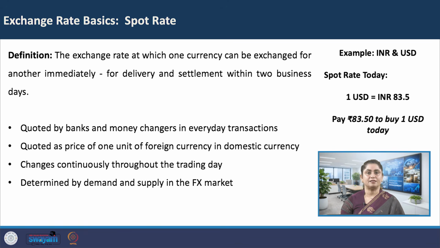This means that right now, today, if you want to buy 1 US dollar, you must pay 83.50 rupees. Alternatively, if you are selling 1 US dollar, you will receive 83.50 rupees. The spot rate changes continuously throughout the trading day because it is determined by demand and supply in the foreign exchange market.